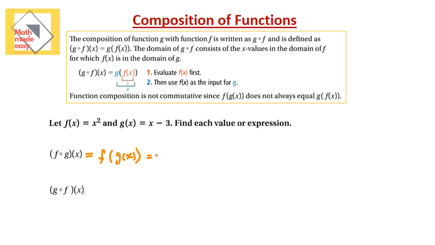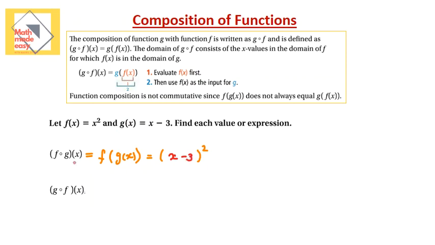So f is supposed to be x squared. Instead of writing x squared, like let's say this is x, I'm not going to write x, I'm going to just write the square. And instead of the x, I'm going to substitute using the second function. Like I'm going to take g of x and substitute here, which is x minus 3. So what did you do?